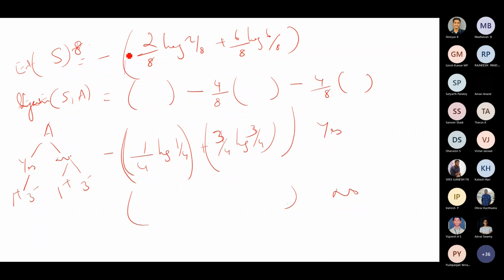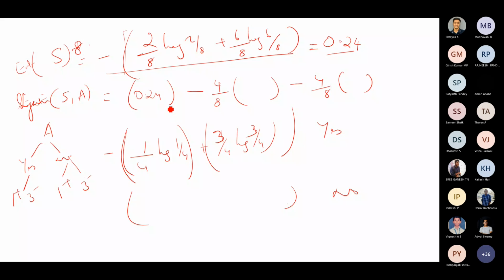Okay, what is this number? Yeah, you tell me. It is coming like minus 0.244. This one? Gain of my A, this is 0.24. Yes, ma'am. That is also 0.24, and gain of S comma A is also 0.24.